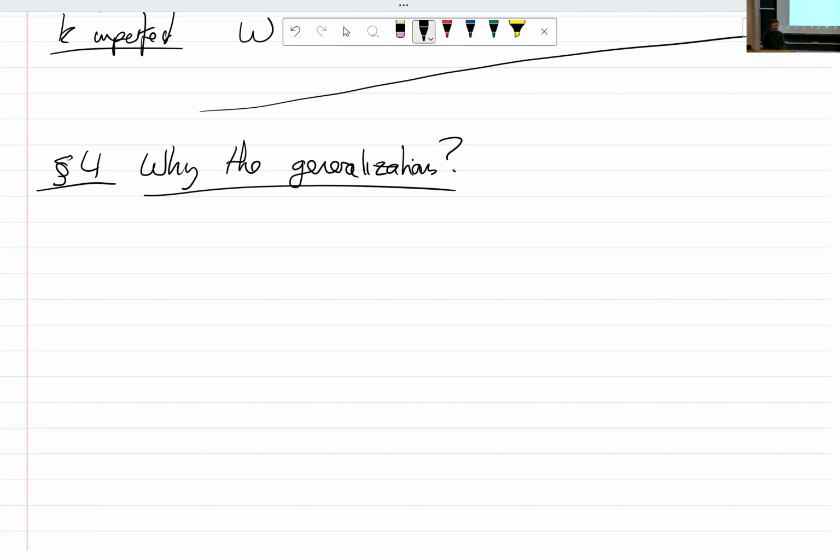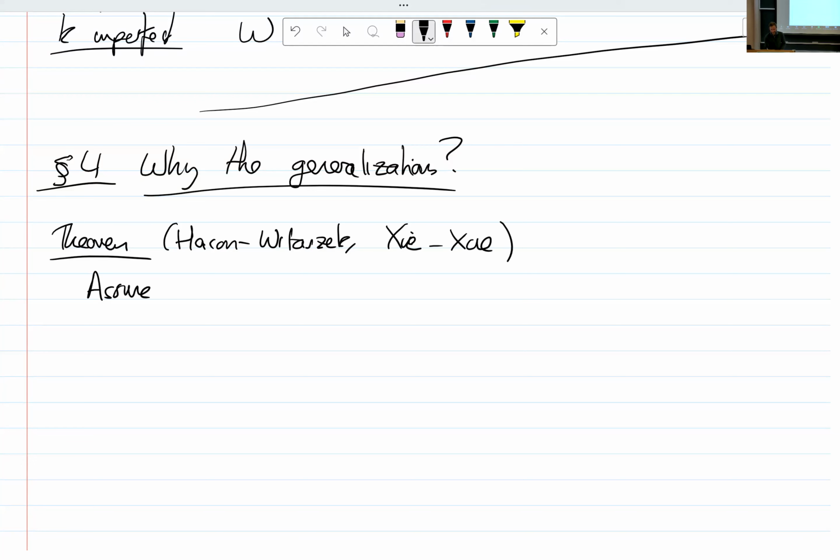Okay, and I'm assuming that you only care about algebraically closed fields. So pretend you only care about algebraically closed fields. Then I'll write down this theorem, which is due to Hacon, Witaszek, and G. Jouet. So this is now dimension 4. So assume resolution of singularities.